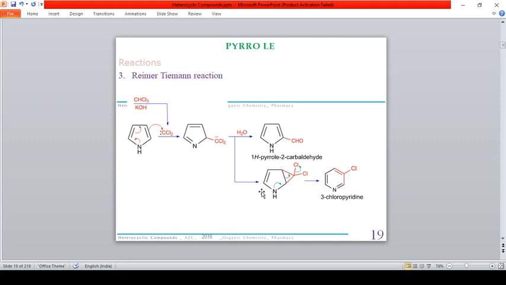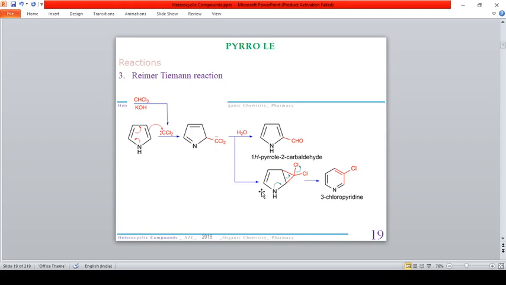But this carbon doesn't fulfill its valency, so it will take a water molecule from the solution and it will result in the formation of CHO. But there will be a side reaction also.